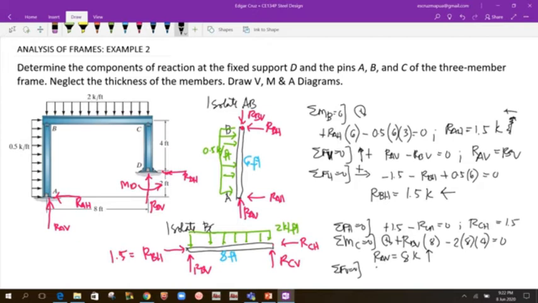Okay? Then, of course, pagka nag-summation forces vertical naman tayo equal to 0, we'll have RBV plus RCV minus the uniform load, which is 2 times 8, equal to 0. So actually, we could solve there yung RCV naman.